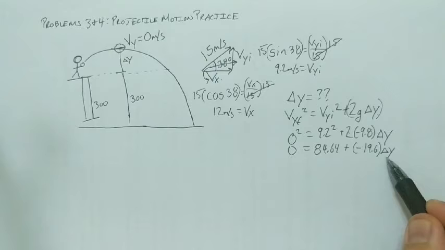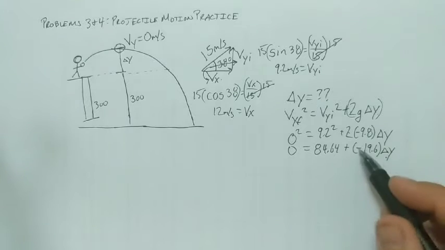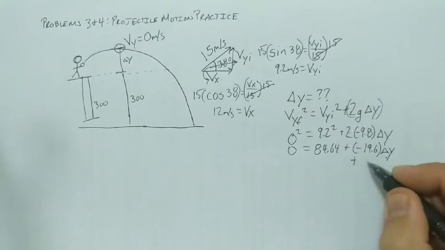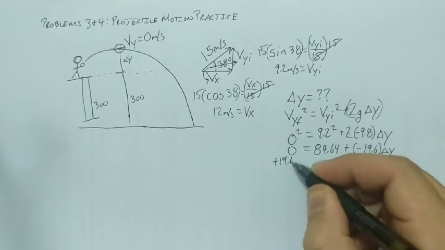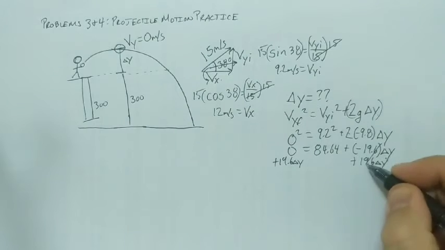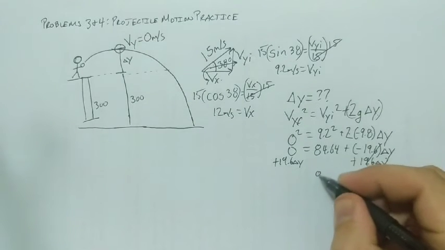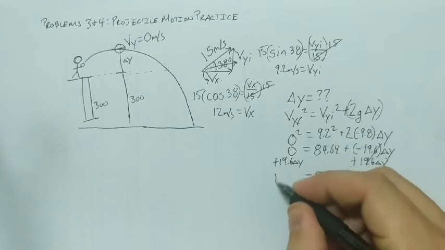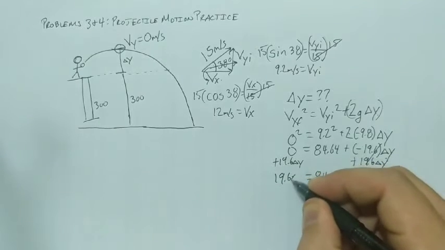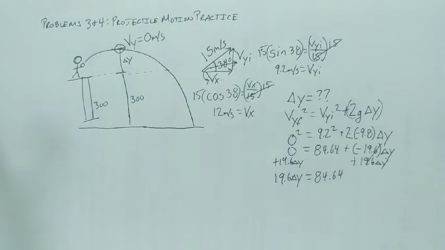So in order for me to solve for delta y, I have to get that variable all by itself. To do this, I'm going to add my 19.6 delta y to both sides. That cancels and makes it go away. And I am left with 84.64 equals 19.6 delta y.